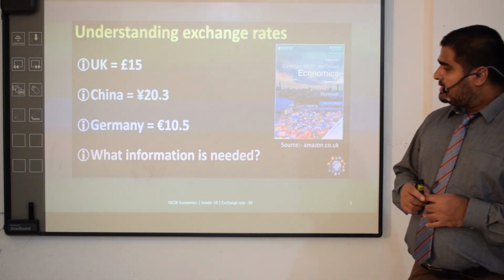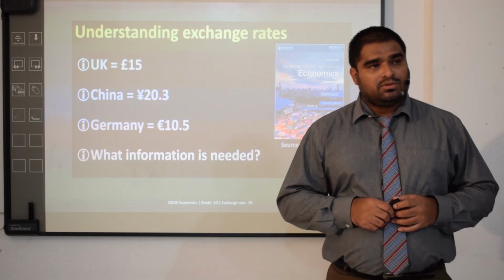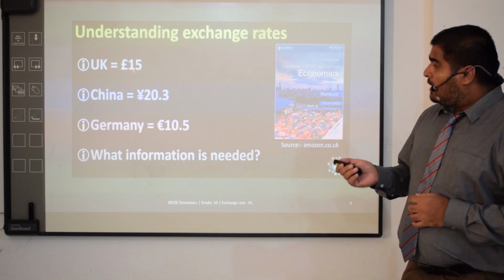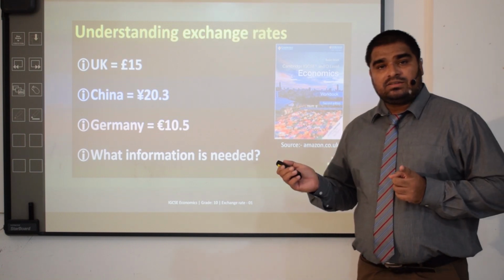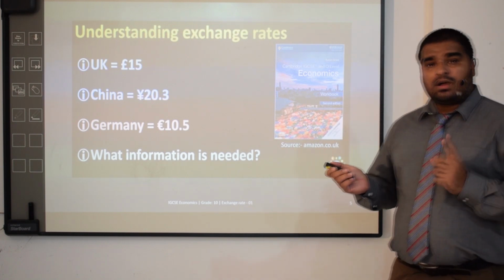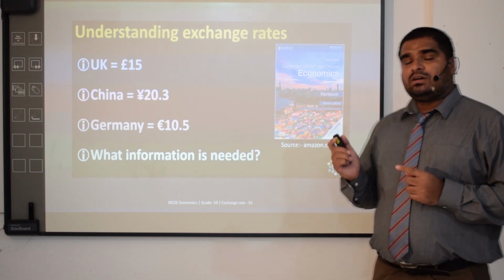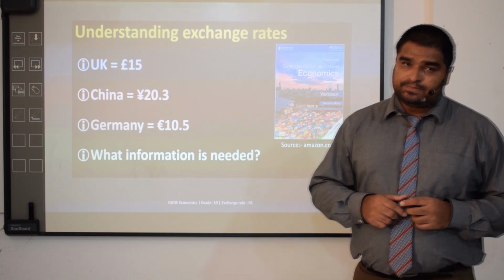And in Germany, this costs 10.5 euro. Pound is the currency that is being used in UK. Yuan is the currency that is being used in China. And euro is the currency that is being used in Germany.